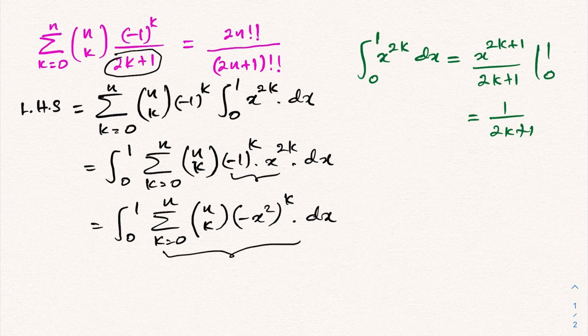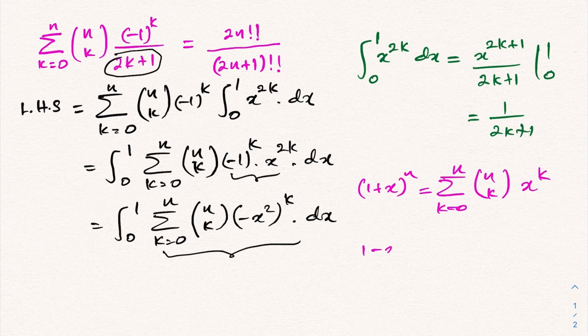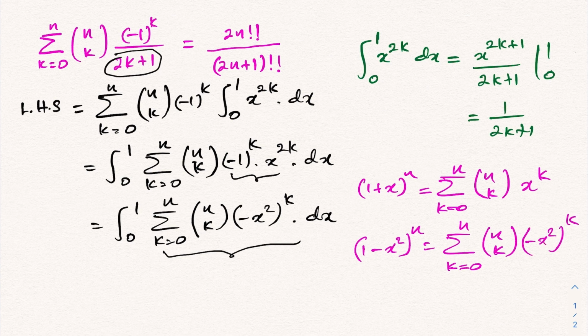This part: we know the binomial expansion of (1 + x)^n is equal to the sum from k = 0 to n of (n choose k) times x^k. Now instead of x, if we use minus x squared, then (1 - x^2)^n is equal to the sum from 0 to n of (n choose k) times (-x^2) raised to the k power.